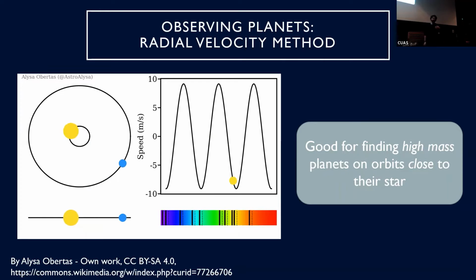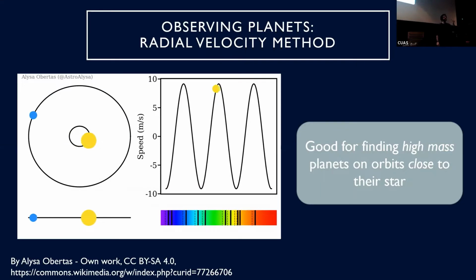The result is that if you stare at the star, the light that the star emits wobbles. If you look at the bottom right panel, you can see these black lines. These are emission lines from the star that, as we know from our own sun, can only appear in certain places. When they wobble periodically like this, it means there must be something tugging the star to and fro in such a way that you get this repeating pattern.